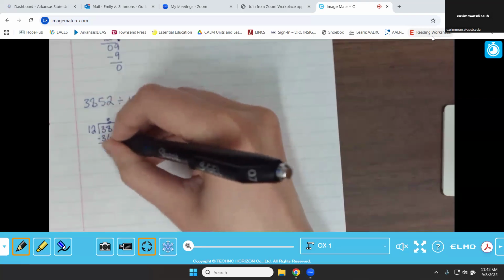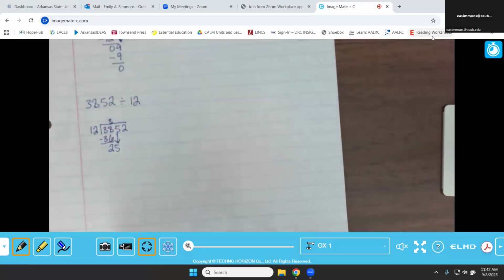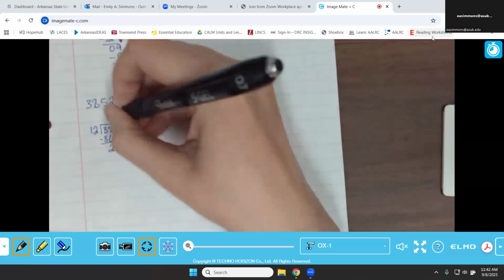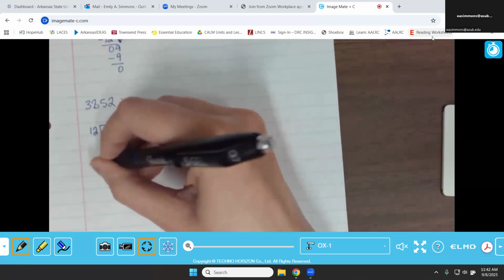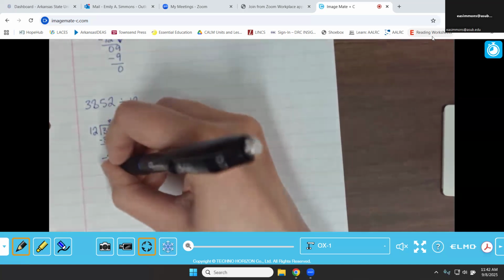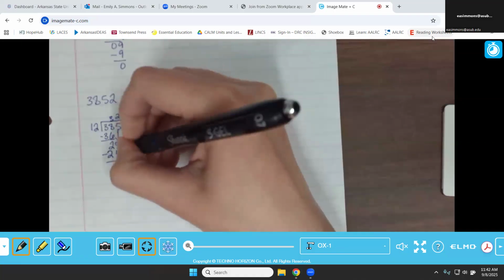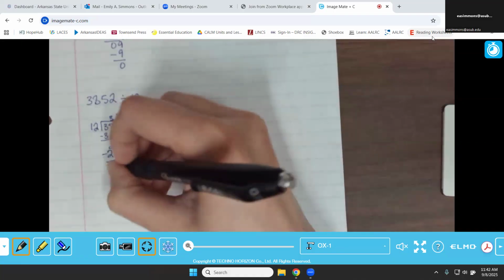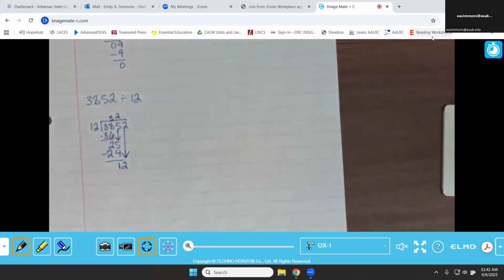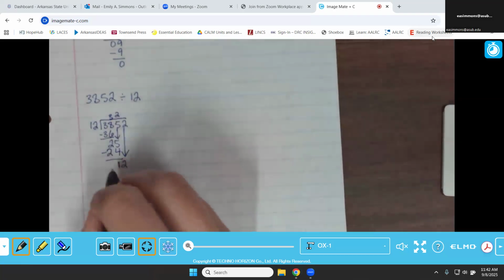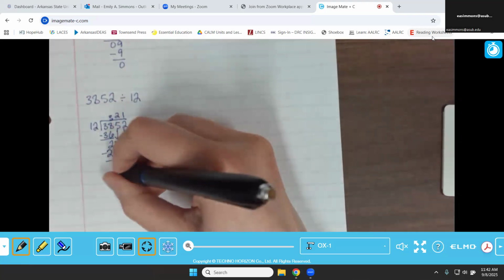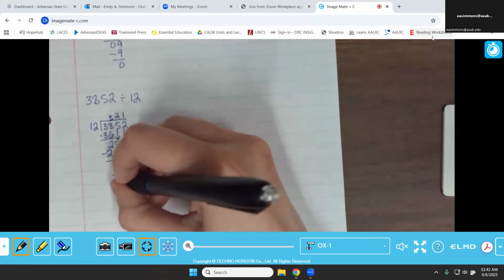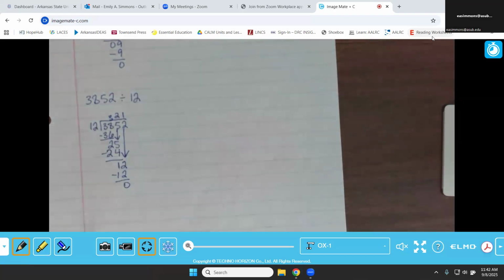And we bring down our 5. 12 goes into 25 2 times. 12 times 2 is 24. And we'll subtract. 5 minus 4 leaves us with 1. And we bring down our 2. And 12 goes into 12 1 time. 12 times 1 is 12. And we have a remainder of 0.